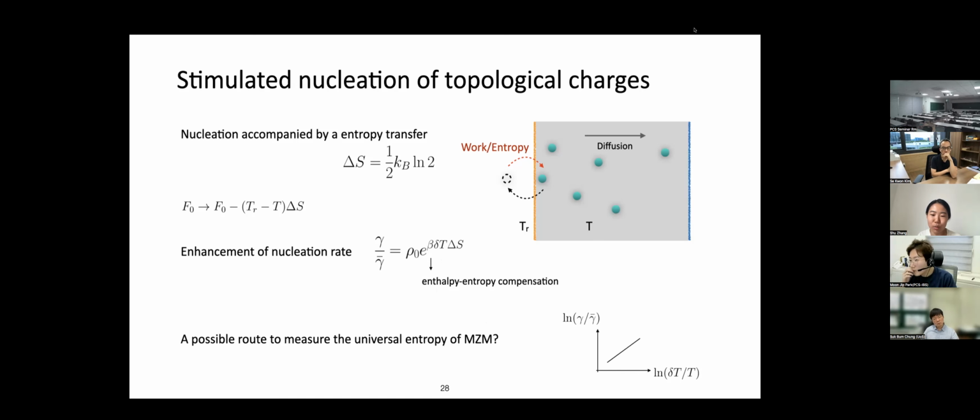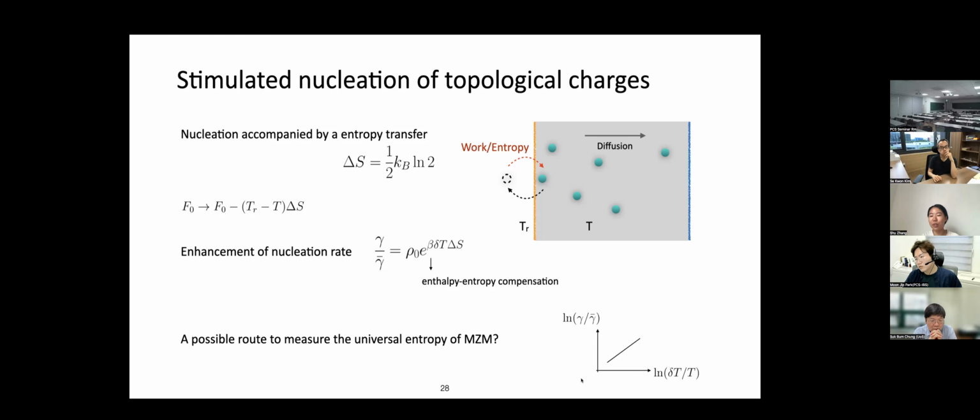And this might also provide a route to measure the universal entropy of a Majorana zero mode. If we plot the log of this ratio versus the log of the temperature difference divided by temperature, so this temperature comes from this beta factor and the Boltzmann factor, the slope of this relationship will be exactly 1/2 log 2.